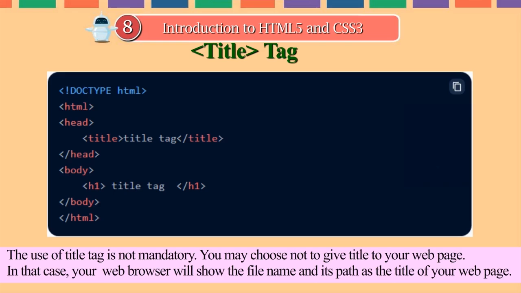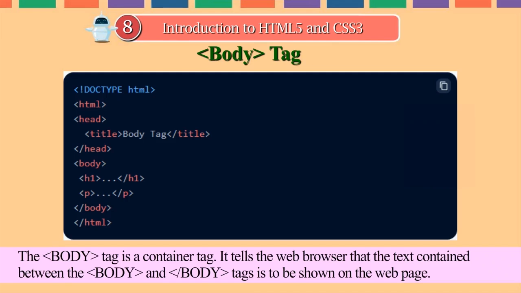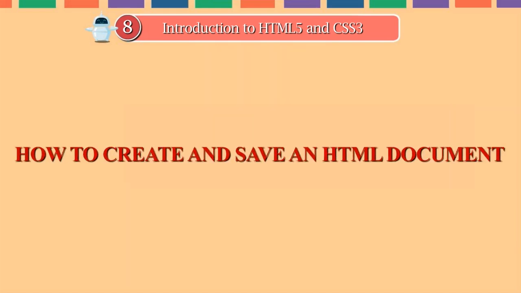In that case, your web browser will show the file name and its path as the title of your web page. Body tag. The body tag is a container tag. It tells the web browser that the text contained between the body and /body tags is to be shown on the web page.